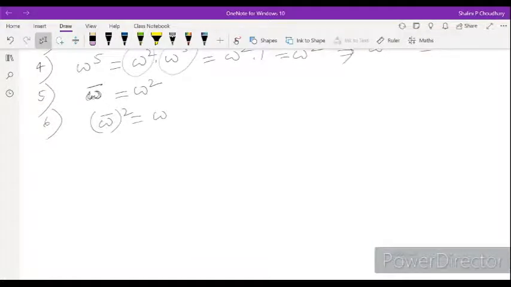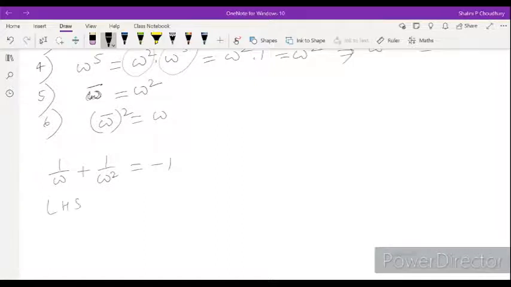Okay, so in our first question, we have omega, and omega is a complex cube root of unity. Then we have to prove that 1 upon omega plus 1 upon omega square is equal to -1. Okay, so how can we prove this?